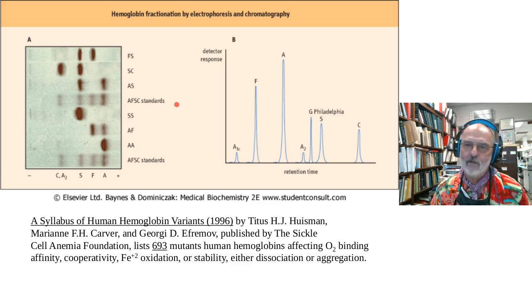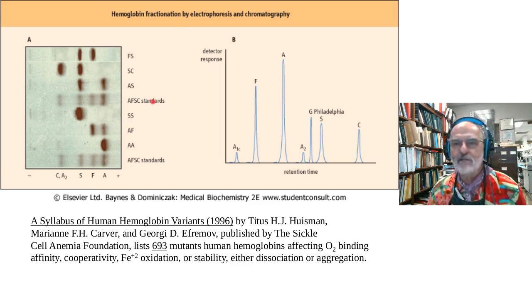Okay, and so this is a slightly different rendition of this, showing blood from patients who are adults, so there's one chain, who have a significant amount of fetal, so there's AA and AF, that are homozygous for sickle cell, so they have one band, that have a mixture of adult, fetal, sickle cell, and the S chain.